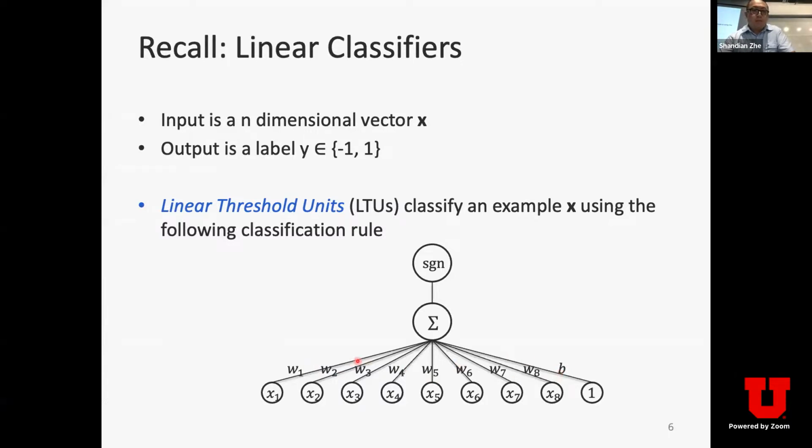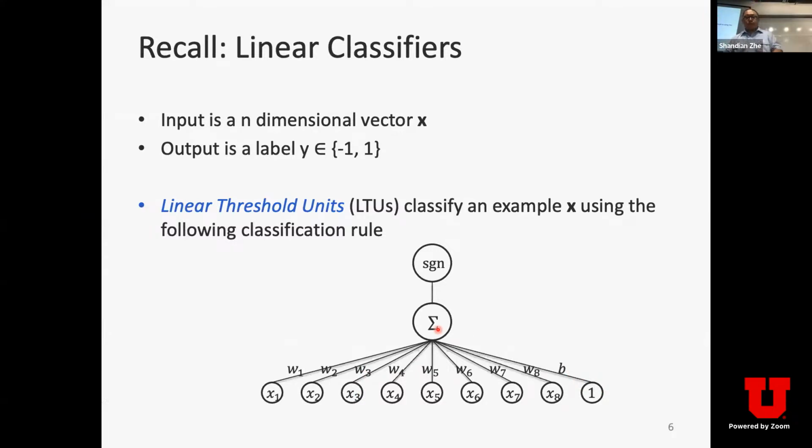It means that I amplify the incoming feature by the weight on the edge, and then send it to the ending node. Basically, I pass W1 times X1, pass W2 times X2, pass W3 times X3, and eventually pass b times 1 to this node.